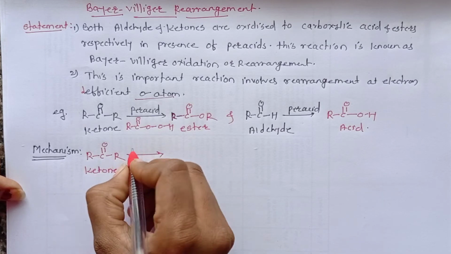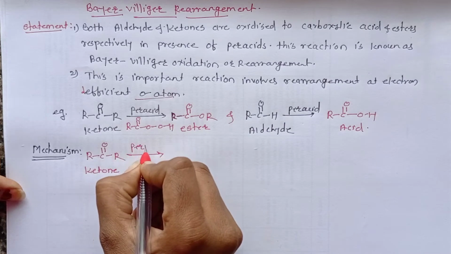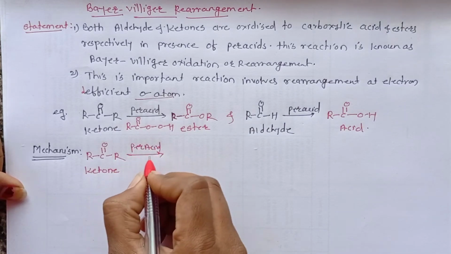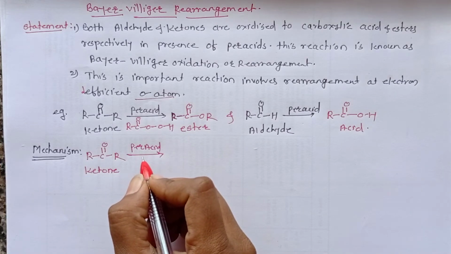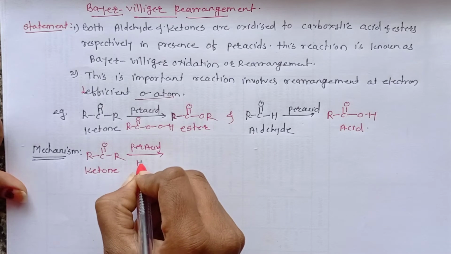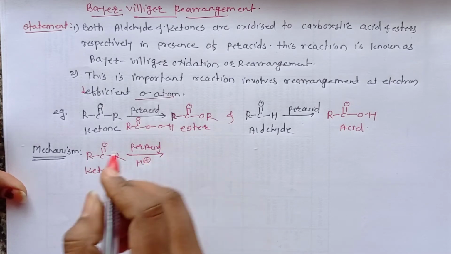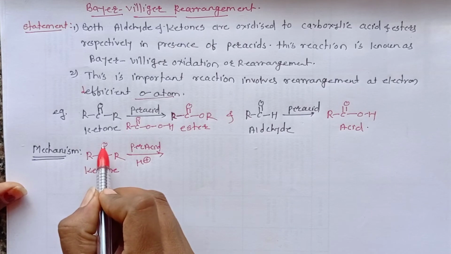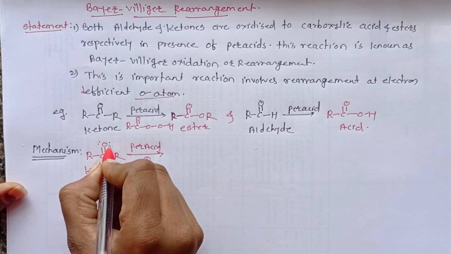So we have to take the per acid, means presence of higher concentration of acid, means presence of higher concentration of H plus ion. So here carbonyl carbon, presence of the oxygen, here oxygen has presence of lone pair.